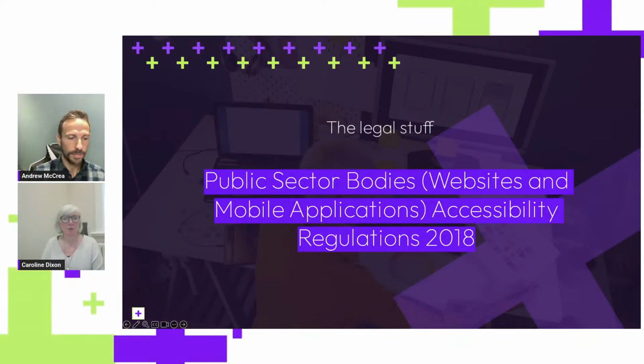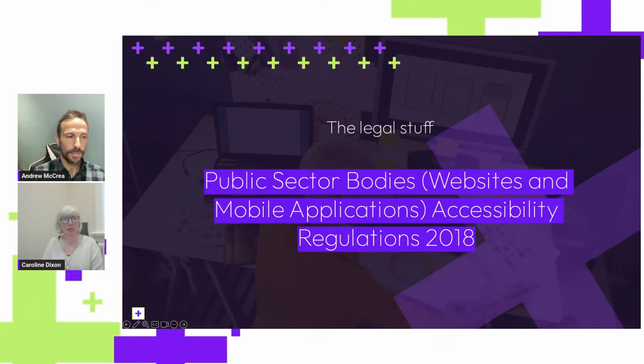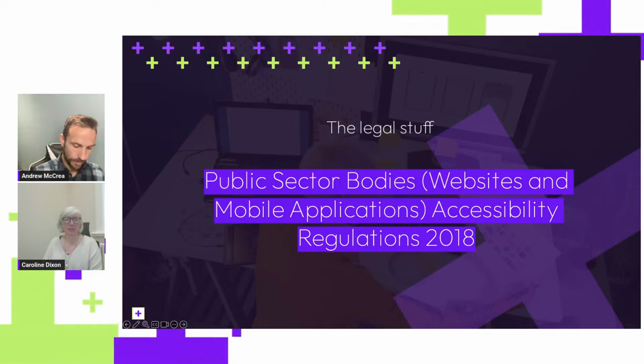I'm going to be looking here at the legal requirements that hopefully many of you are aware of. This is a bit of a mouthful, but the Public Sector Bodies (Websites and Mobile Applications) Accessibility Regulations 2018. They require public sector websites and apps to meet specific accessibility standards.